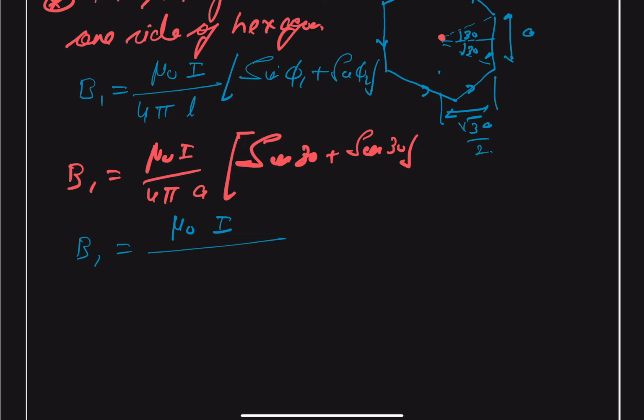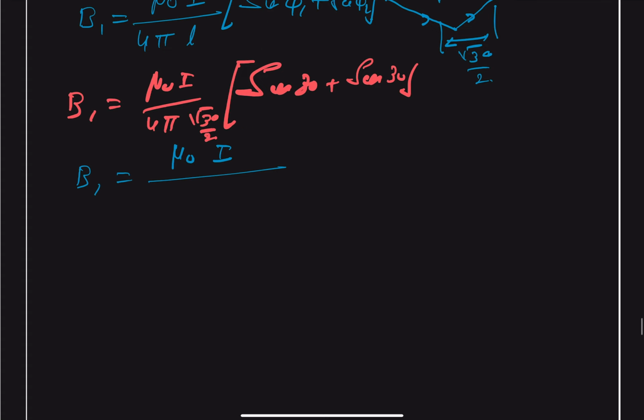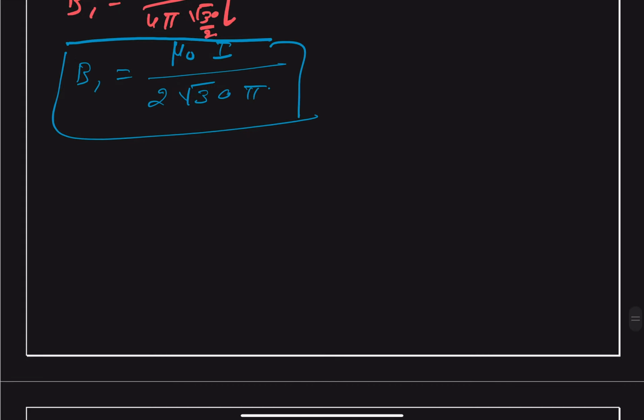So here it is root 3 A by 2. And this gives us mu naught I upon 2 root 3 A pi. So this is the magnetic field due to one side of the hexagon.